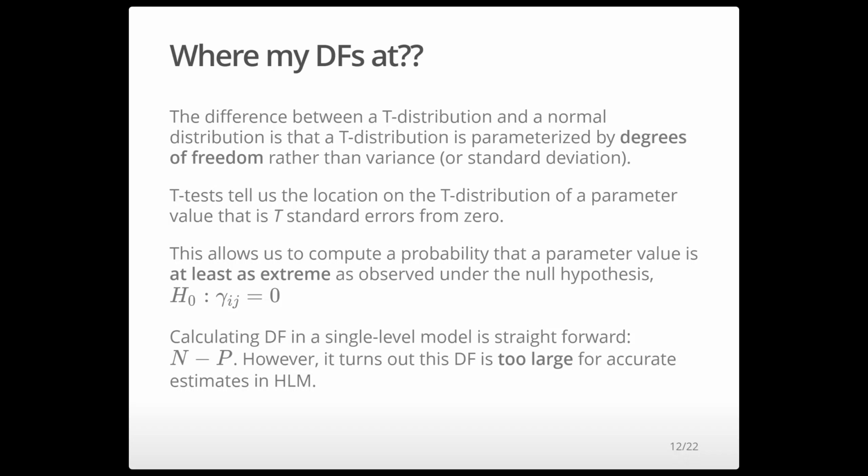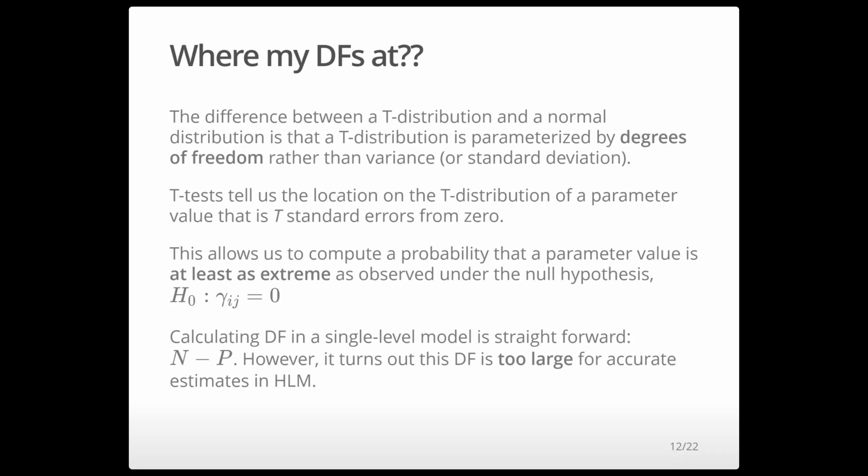So t-tests tell us the location on the t-distribution of a parameter value that is t standard errors from 0. So the t statistic is the same as the z statistic. It's just that we're looking at a slightly different distribution on which we're placing our parameter.